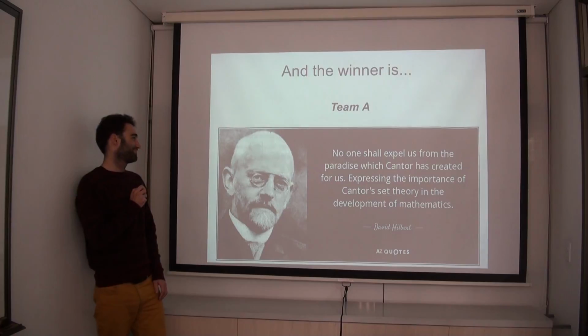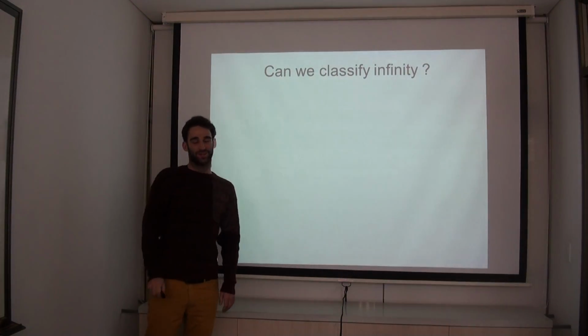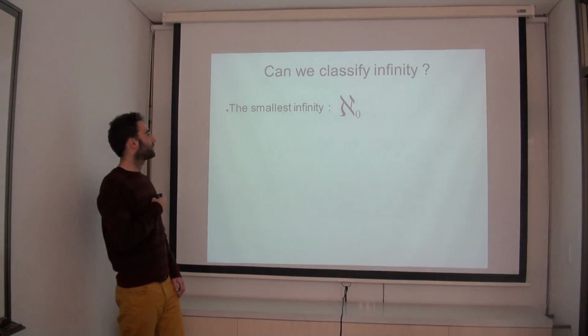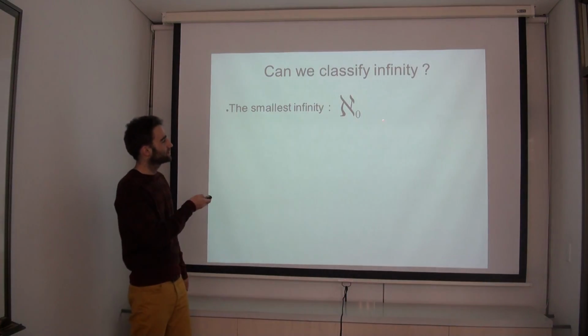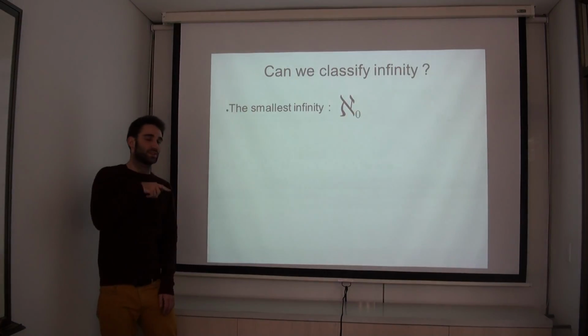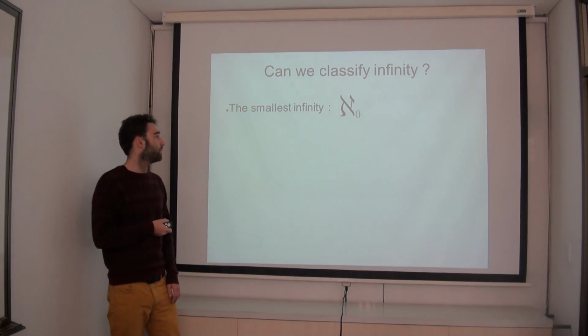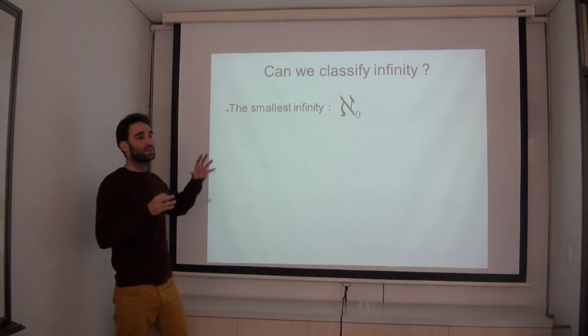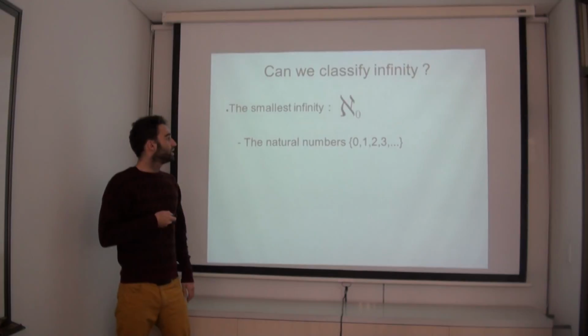It's really beautiful. So the next question is, can we classify infinity? So we have a smallest infinity, which is Aleph sub 0. That's a Hebrew letter, which is the A of the Roman alphabet. So let's say that this is the size of the smallest infinity.